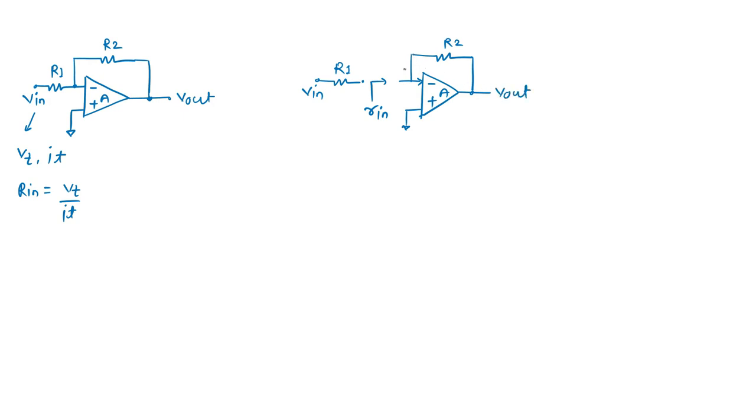So if I know the impedance at this node, then simply I can say the capital Rin is R1 plus small r. So either I know small r, then I can calculate the capital Rin, which is nothing but the input impedance seen from the source, or I directly apply the test source at the place of input, and then also we can find it. So I prefer the second case.